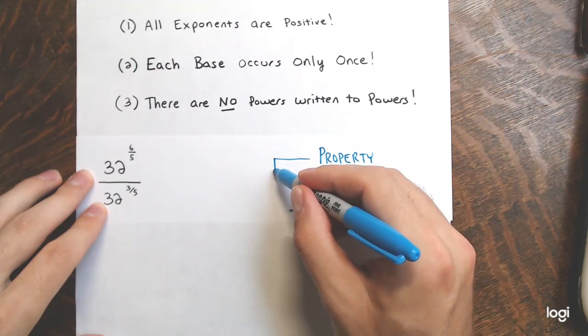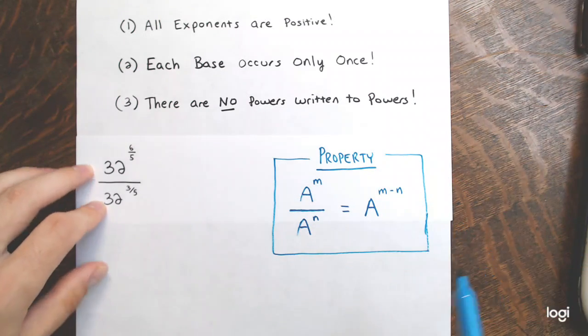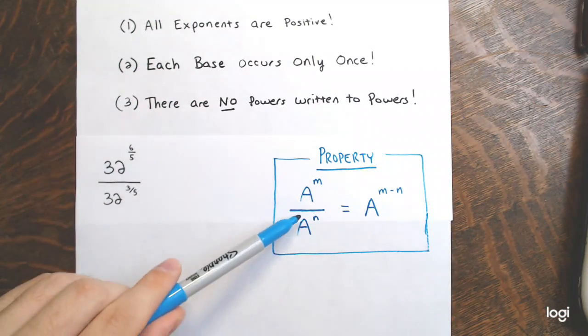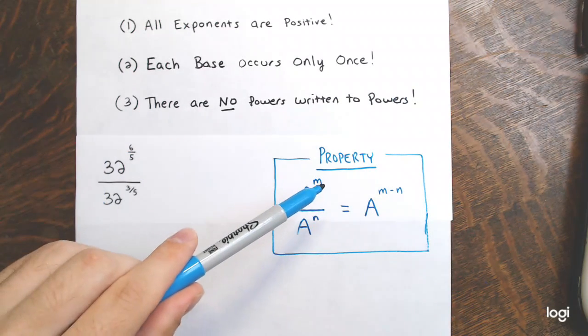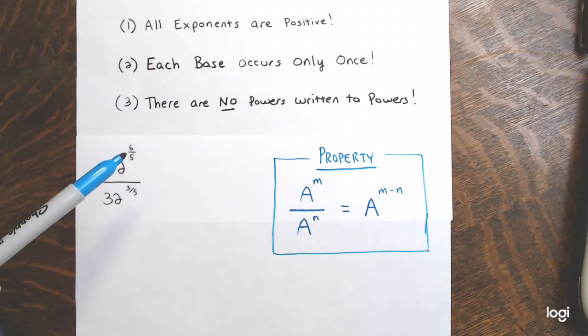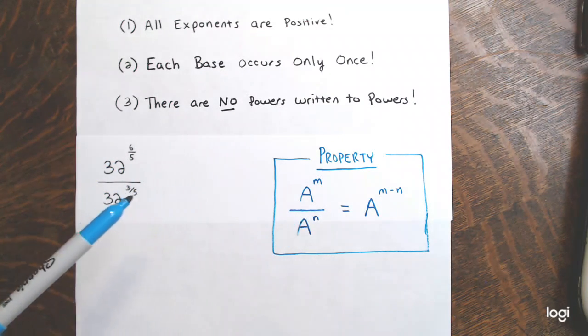All right. So here in this example, the a throughout this is the number 32. My m, the numerator exponent, is 6/5, that fraction, and my n, the denominator exponent, is 3/5.